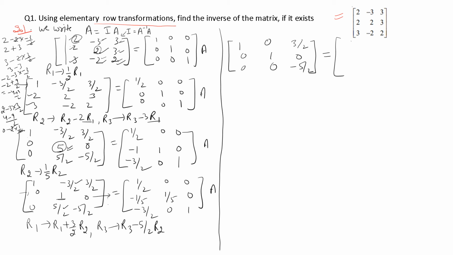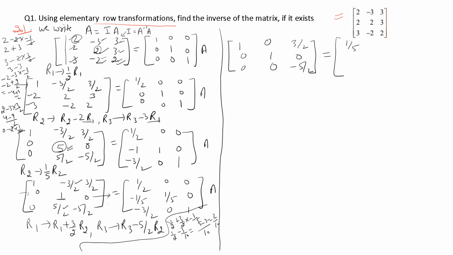This is equal to your first row is half. So let us work it out somewhere. It is your R1 plus 3 by 2 times R2. So this is half minus 3 by 10, which is your 5 minus 3, that is 2 by 10, that is 1 by 5.